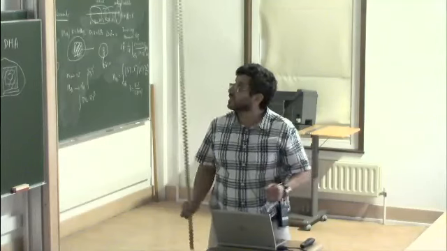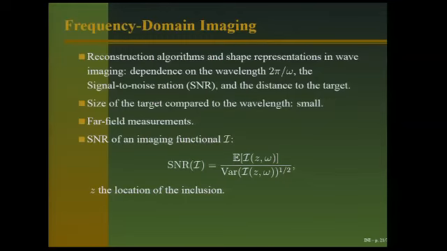If you look at all of these algorithms, because the problem depends on the wavelength, on the signal to noise ratio, and the distance to the target, you have to make it very specific. If you are in far field measurements, there are specific algorithms for far field measurements, and it would not be a good idea to use them in near field measurements. The information is not the same. So your algorithm has to be very specific to this.